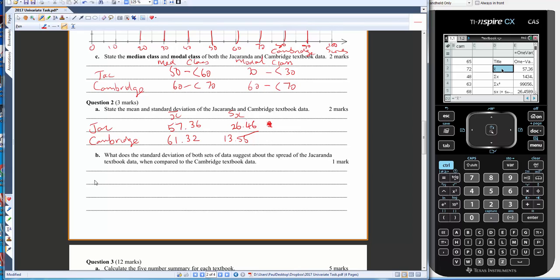So Jacaranda has a larger standard deviation (26.46) compared to Cambridge.